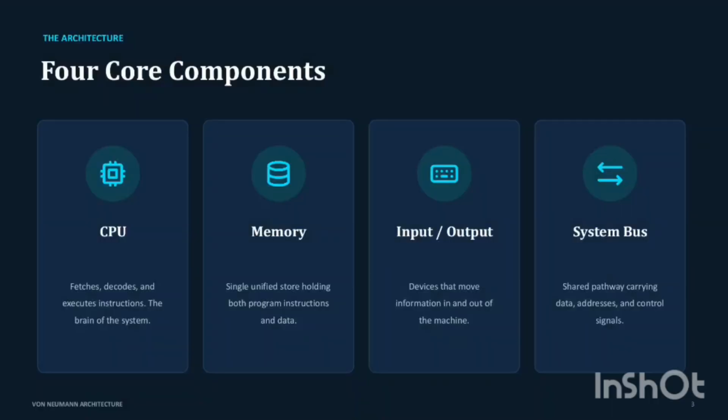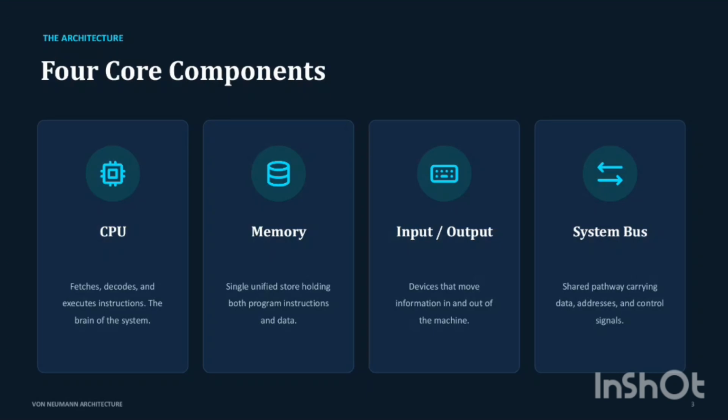And there are four main components in the architecture. The first one is CPU, then memory, input and output, and system bus. So what is CPU? It forms the brain of the computer system. This performs all the operations that we give. And how does it execute? It is in the concept called stored program concept. That means it fetches the instruction from the memory, decodes it and executes the instruction.